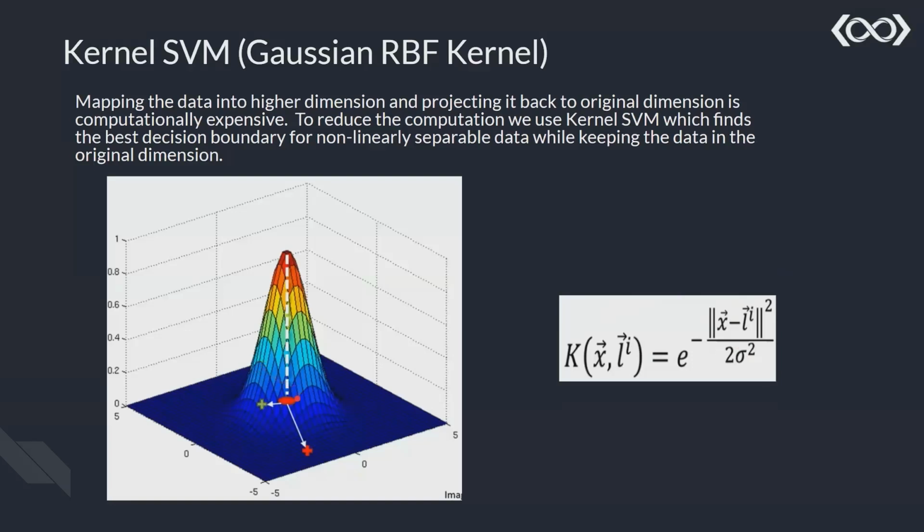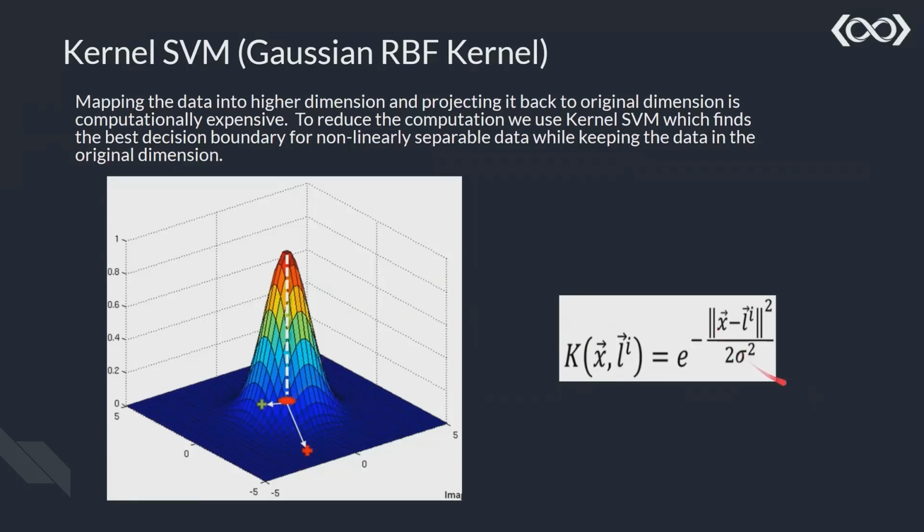You are getting the gist, right? If we move away from the landmark, while sigma is constant, this k decreases. So the z coordinate decreases, and this whole peak converges to the base gradually.